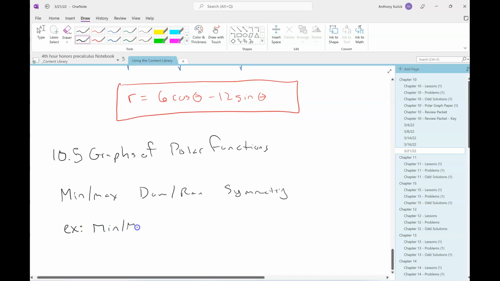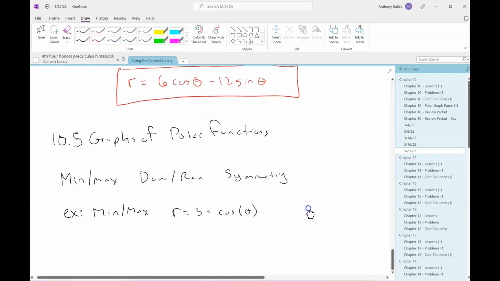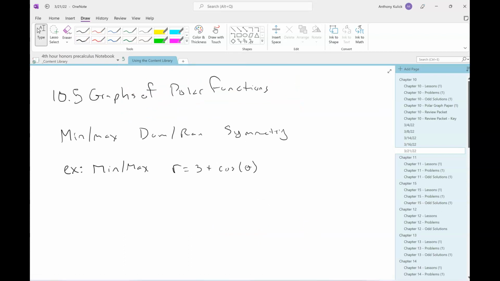So let's just start with the easiest thing to do. Let's take a look at this guy, r equals 3 plus cosine theta.